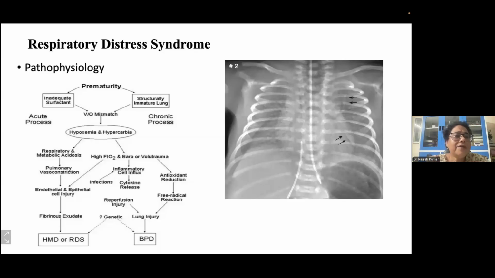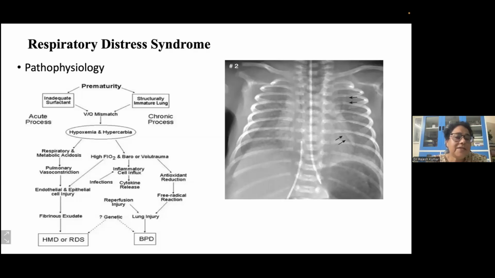Now we all know the pathophysiology. The baby is born prematurely, usually less than 27 weeks of gestational age, when lung formation is not yet completed. So maybe the baby is still in the saccular phase. There is a structurally immature lung, as well as inadequate surfactant, both of which lead to atelectasis with ventilation-perfusion mismatch, which can lead to hypoxemia as well as hypercarbia.